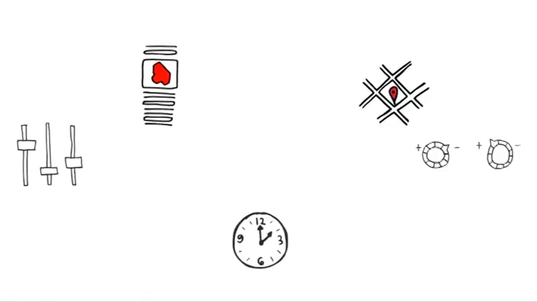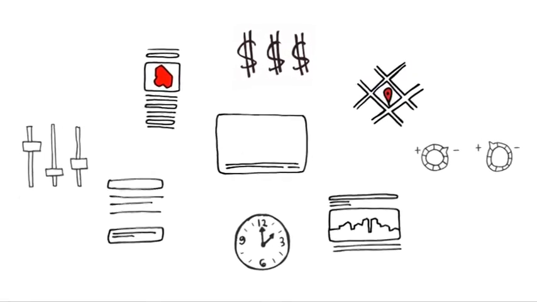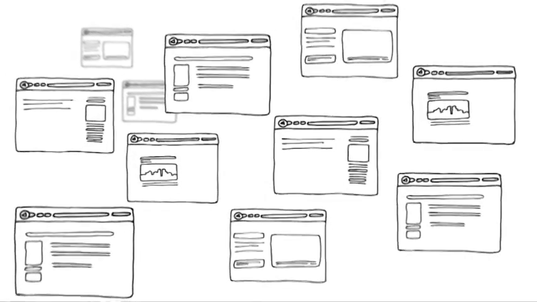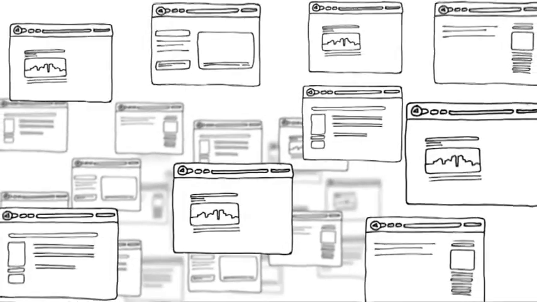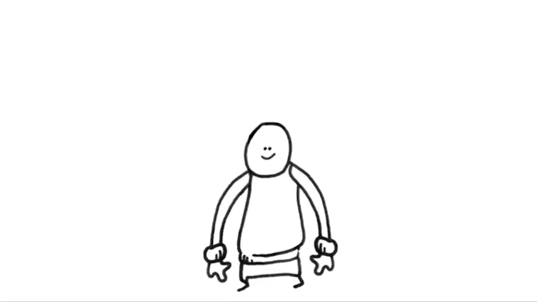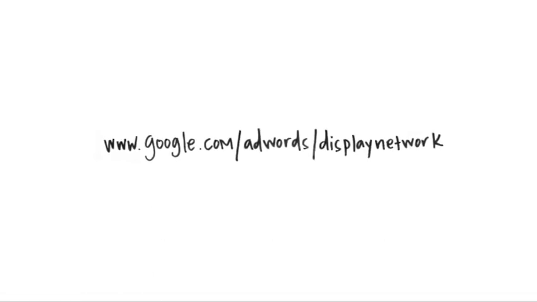For every single ad impression, the Display Campaign Optimizer considers thousands of variables to determine where and when to place your ads. The best part is, over time, it learns what is and isn't working, and uses that to refine what it does. The end result? Your message in all the right places, at the right time, and a price that's worth it, leading to a higher return on your advertising investment. If you want to get the most out of your conversion-oriented display campaigns, talk to your AdWords account rep today about the Display Campaign Optimizer.